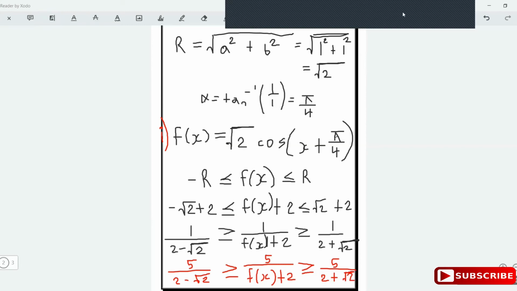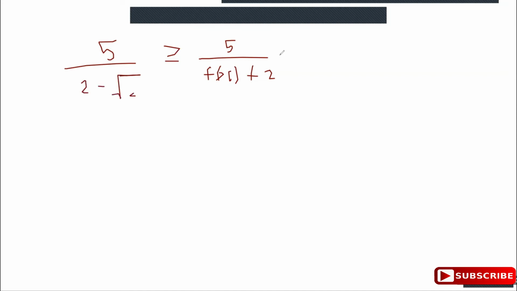All right, so we're out of space, so we go around to the whites. So we have 5 over f of x plus 2, and we said that it is less than or equal to 5 over 2 minus root 2, and we also said that it is greater than or equal to 5 over 2 plus root 2.